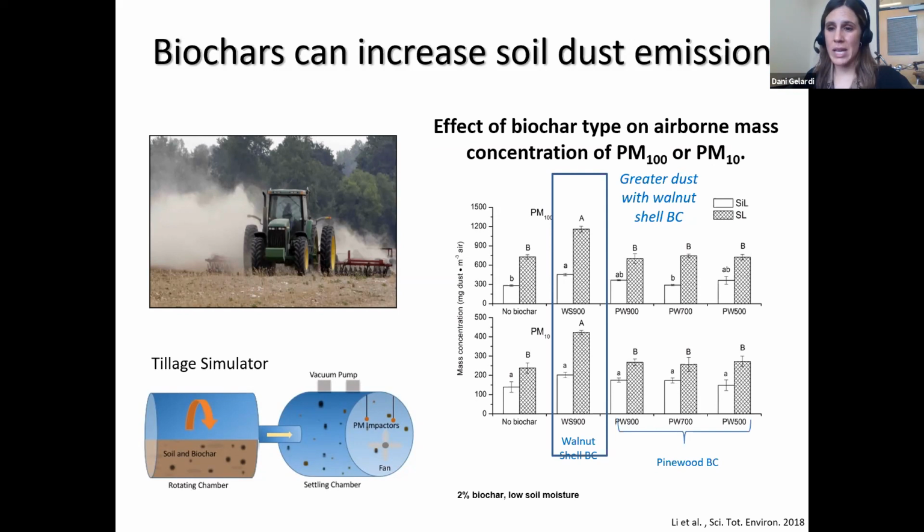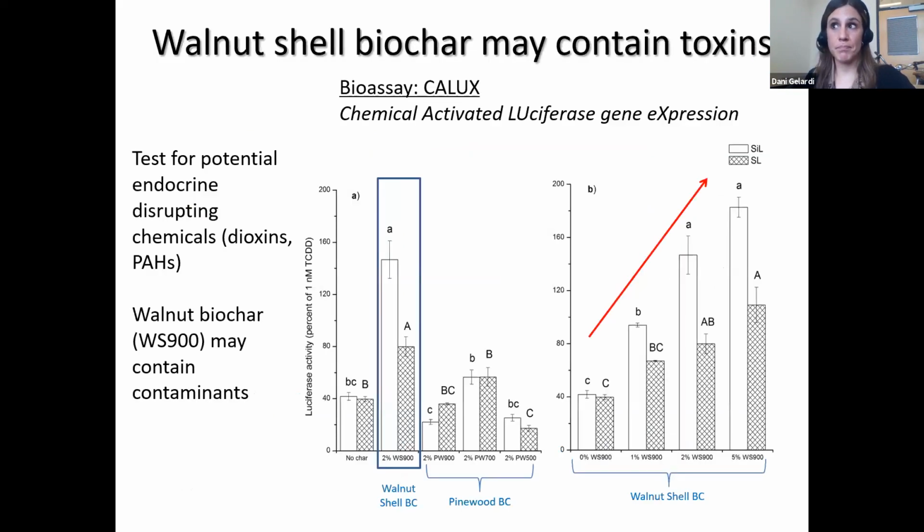Then he wanted to know, is there something we should be worried about in that biochar beyond just the particulate matter? And so using a bioassay called Calyx, which measures endocrine disruption activity, he tested all of the different biochars. And again, 75%, 3 of the biochars tested showed no increase in endocrine disruption activity compared to the soil alone.